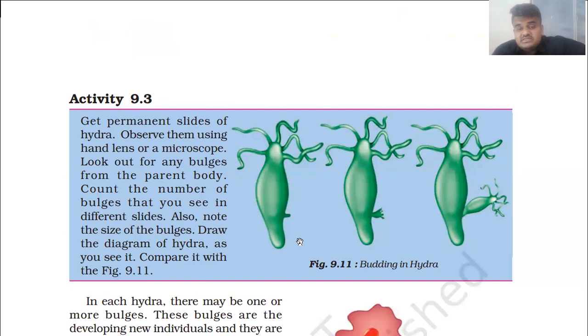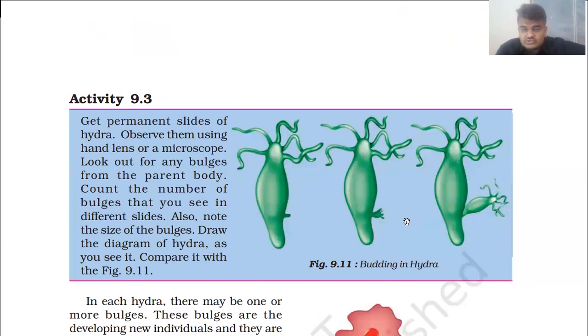Count the number of bulges that you see in different slides. Also note the size of the bulges. You will observe the bulges getting developed day by day. Draw the diagram of hydra as you see it and compare it with figure 9.11.